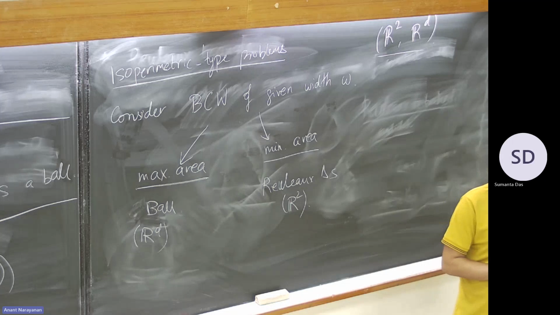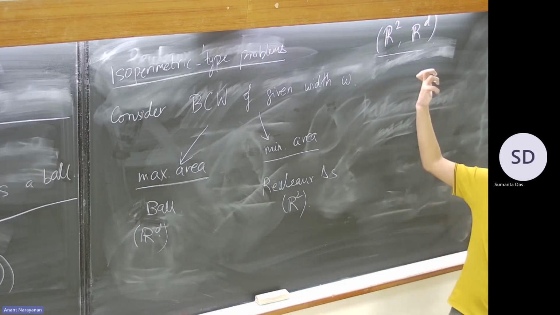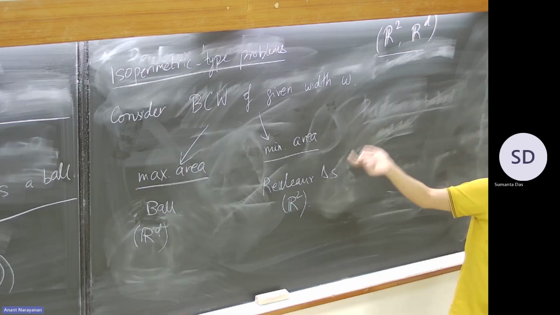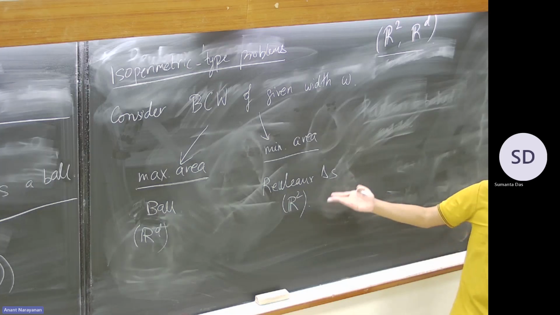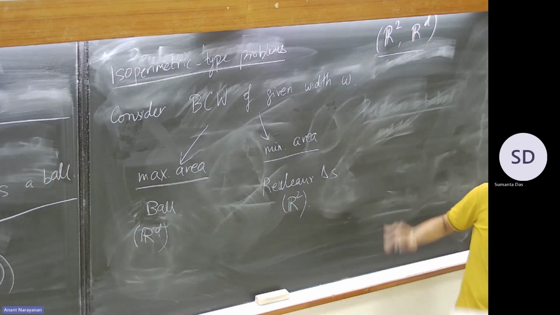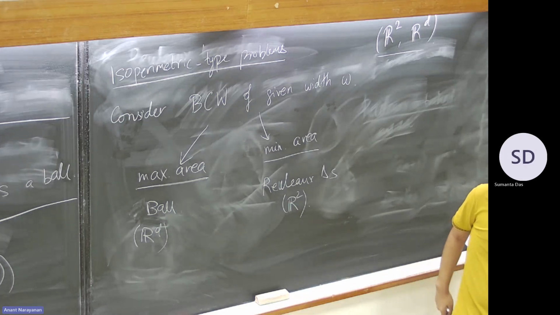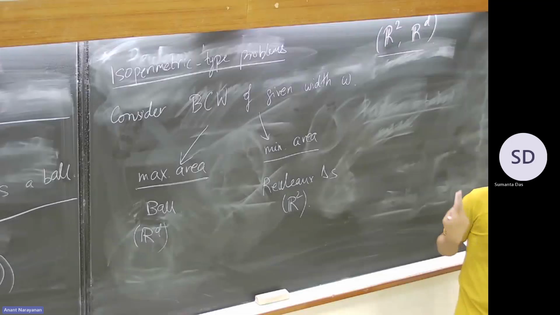In R3, the Reuleaux tetrahedron we constructed, I'll get to that. So in R3, nothing is known. But you have conjectured minimizers, but you don't know whether the minimum area corresponds to them. In RD, you don't even know about the minimizers, because the objects are very hard to construct.